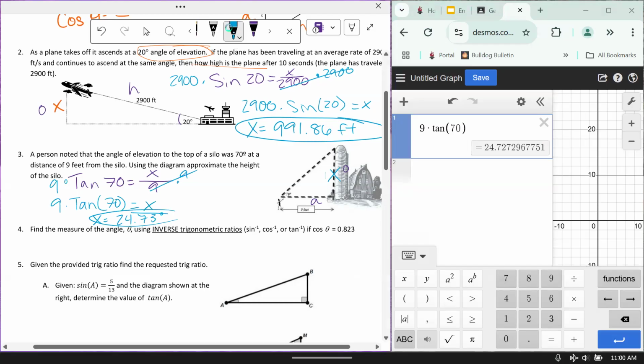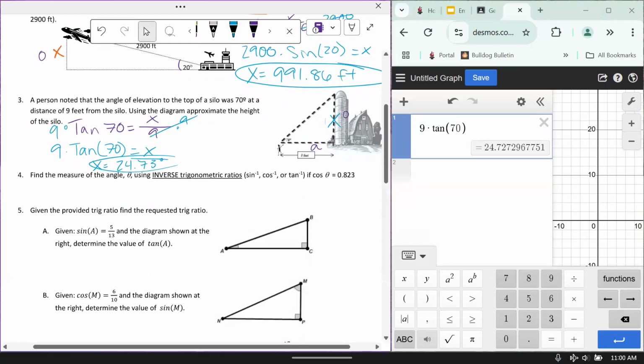Now we have: find the measure of the angle theta using inverse trig ratios. Remember, if you are solving for theta, for your angle, you are going to use inverse. So if cosine of theta equals 0.823, then we want to take the inverse of cosine on both sides, and that gives us theta alone.